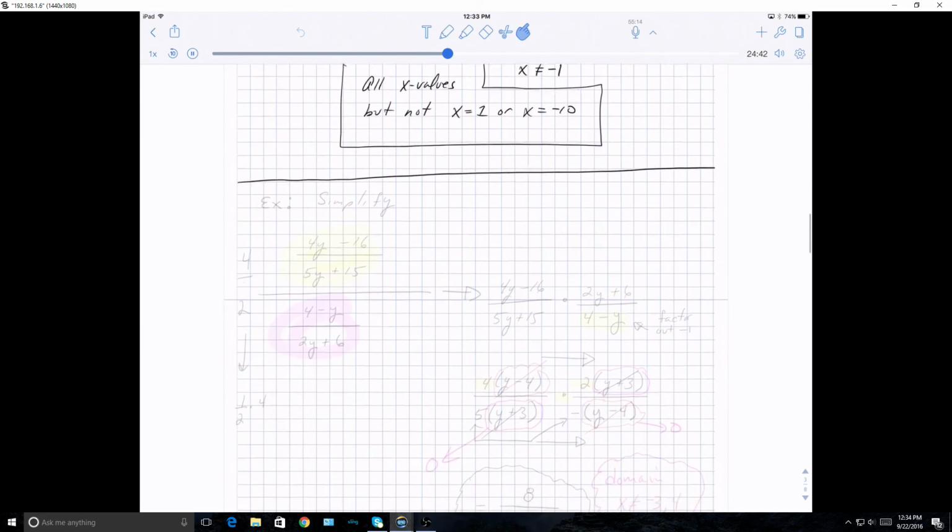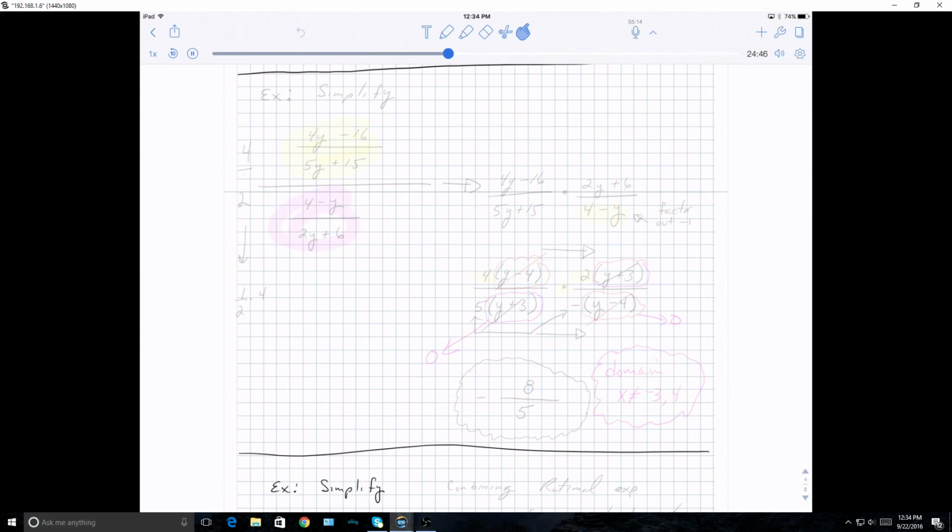All right. So let's take a little more complicated example at this point. So here we are, and let's pick an interesting example, and then we're going to simplify. Let's simplify something that looks like 4y minus 16 divided by 5y plus 15.